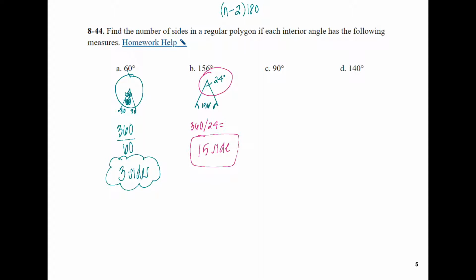When we look at our interior angle and know that it's 90, again, I know that both of my base angles add up to equal 90. So if I subtract 90 from 180, I get 90 as my top angle. 360 divided by 90 tells me that I am working with a 4-sided polygon.